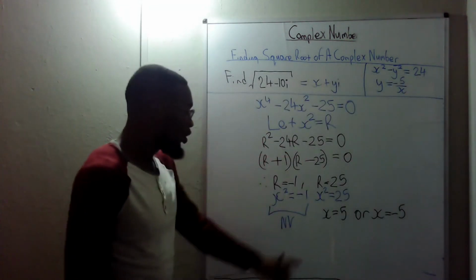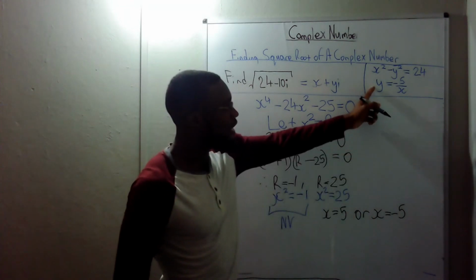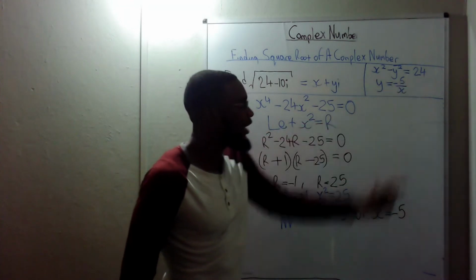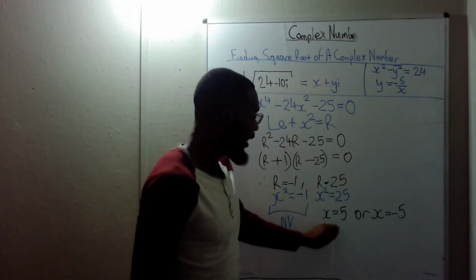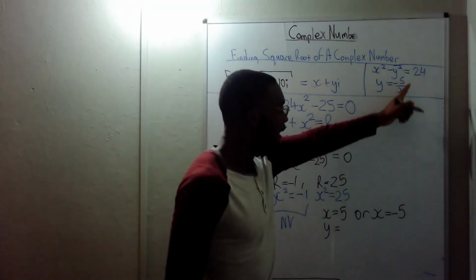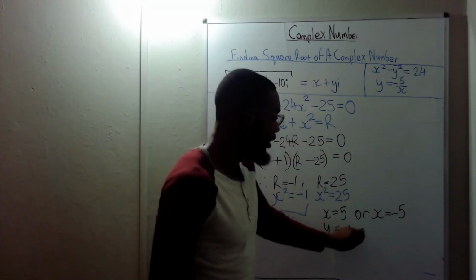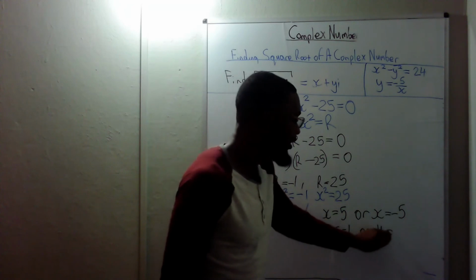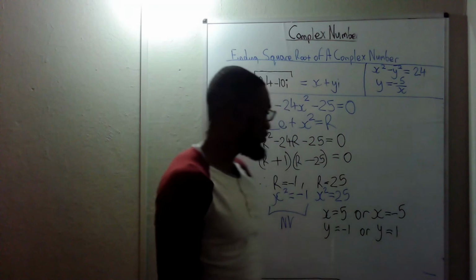Beautiful. Now when you get x, go back to the equation y is negative 5 over x. When you put 5 in, we get y is equal to negative 5 over 5, which is negative 1, or y is equal to negative 5 over negative 5, which is positive 1.